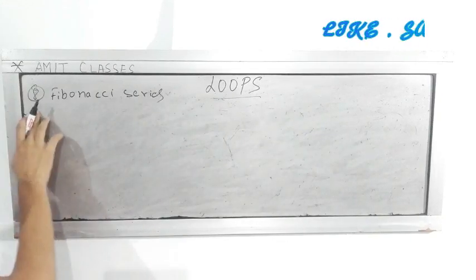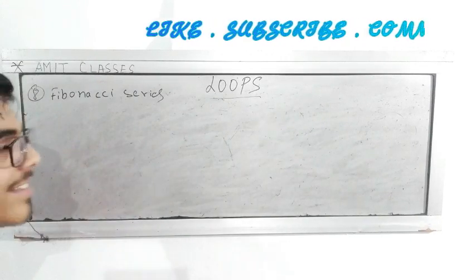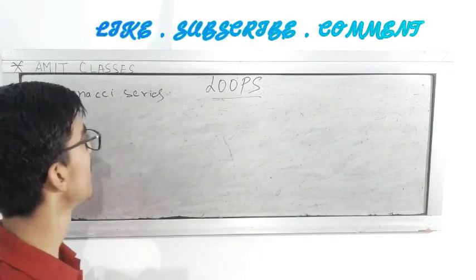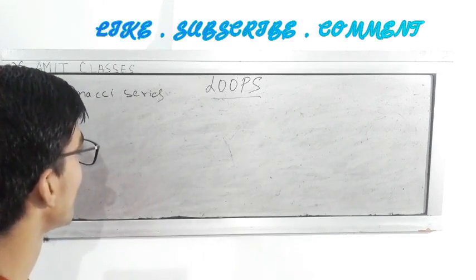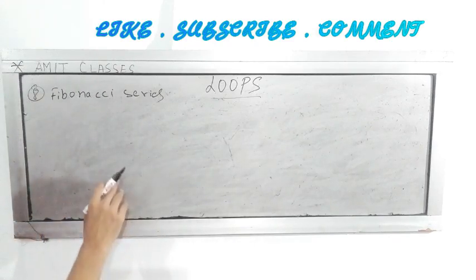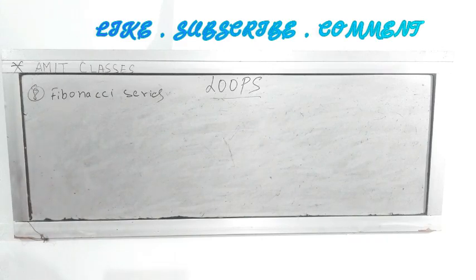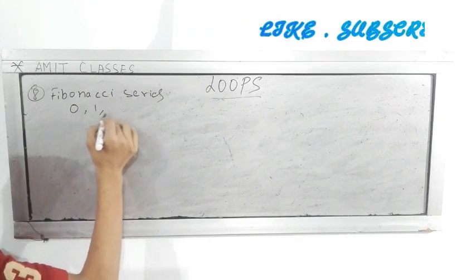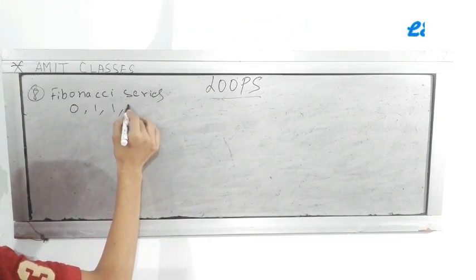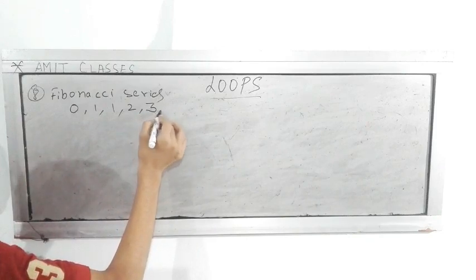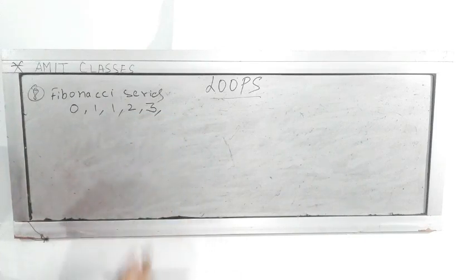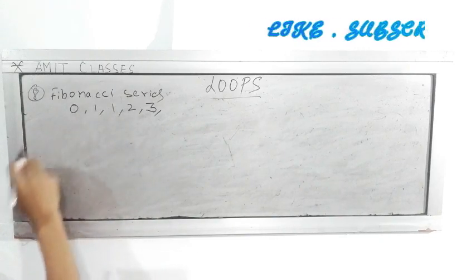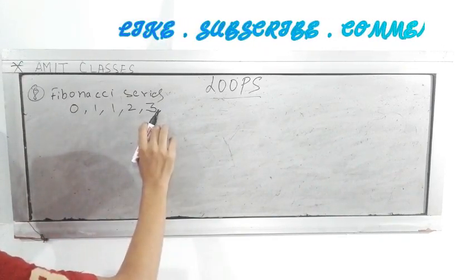Now in question number 8, there is a series called the Fibonacci series. It was given by the scientist and mathematician Fibonacci. So the series is 0, 1, 1, 2, 3. Till here, if we see, it is okay, only 1 appears two times and it goes in sequence.